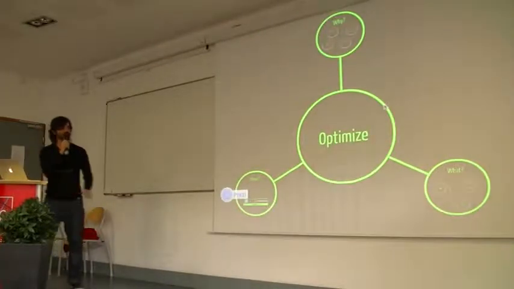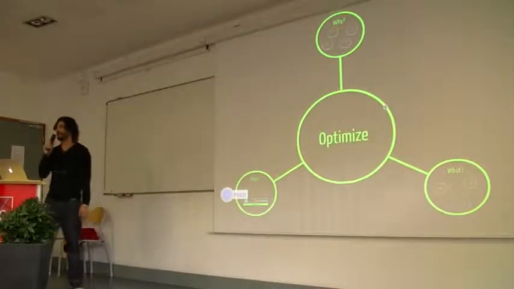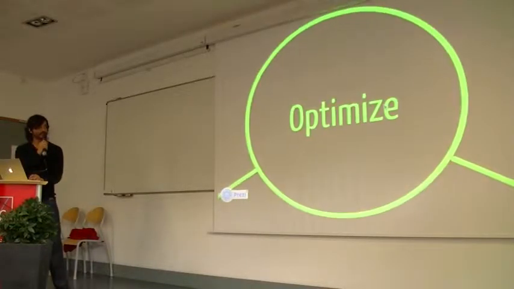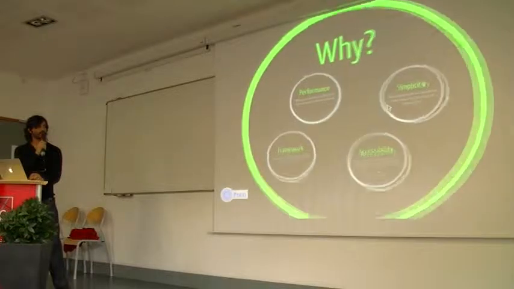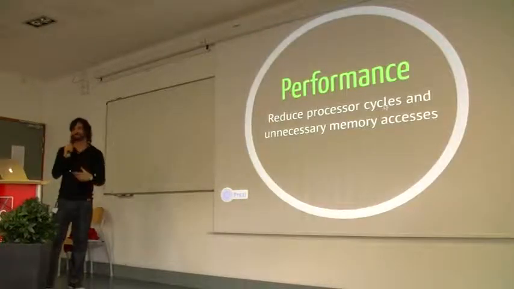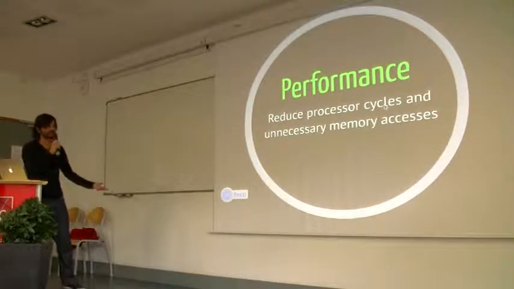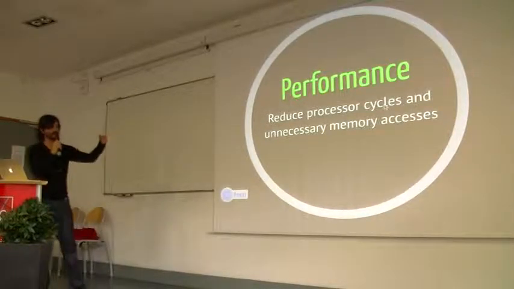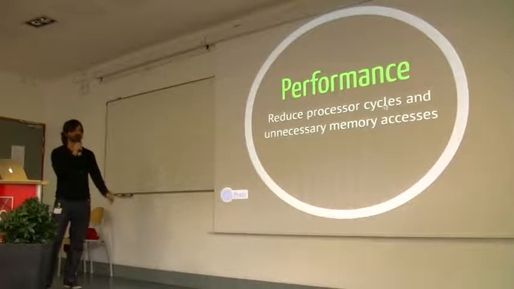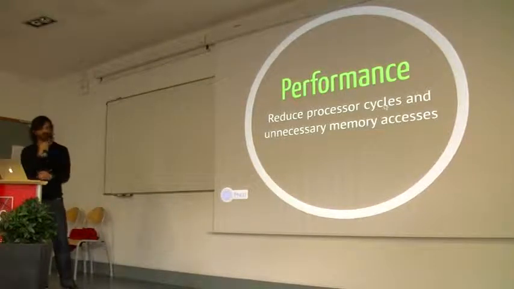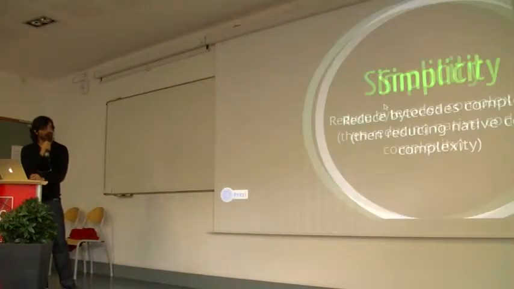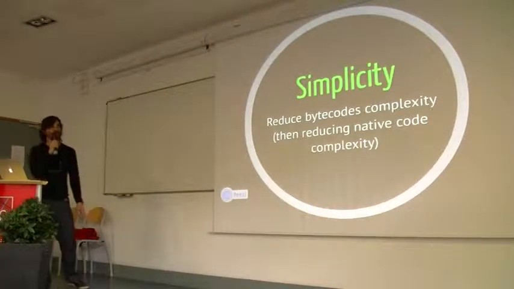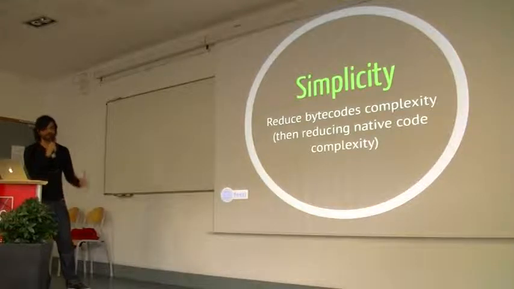Speaking specifically about optimization, the first aspect is why. The first reason is the most common reason, which is performance: reducing processor cycles and unnecessary memory accesses. But there is another reason, which is simplicity.